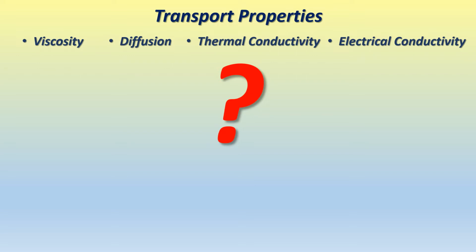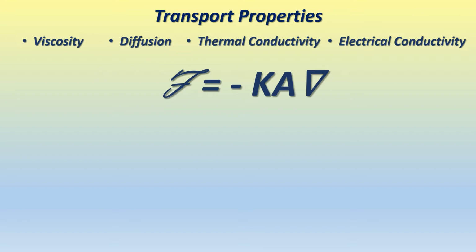At first glance, these four properties seem to have absolutely nothing in common, but surprisingly, they all follow the same basic law. That law can be written as F is equal to minus K times A times the upside down triangle, which is called a del, which basically means a change in some set of states.